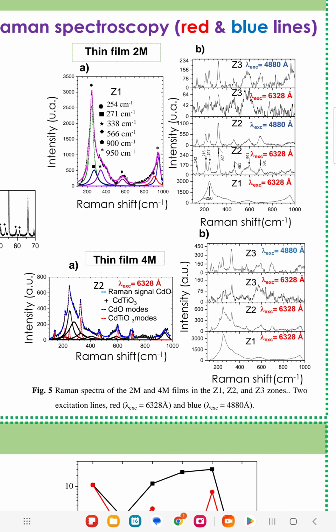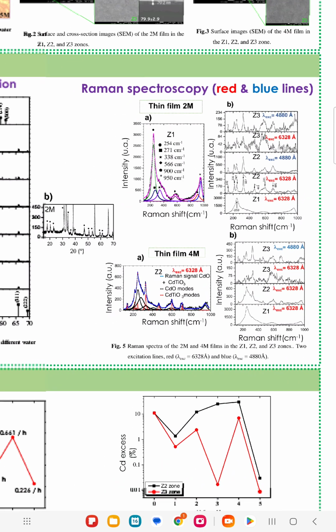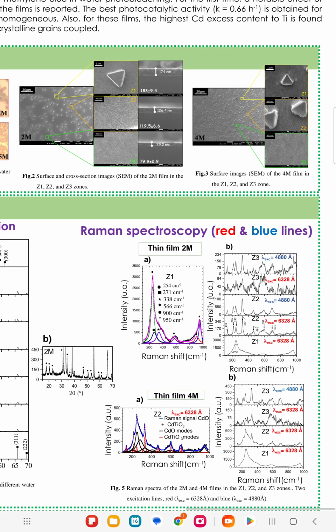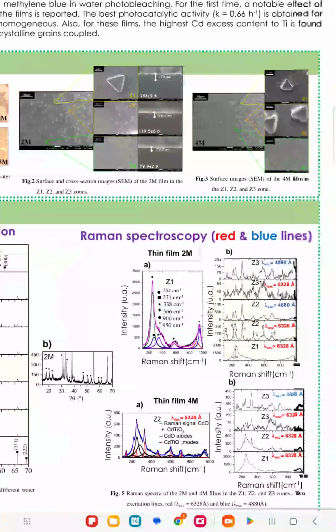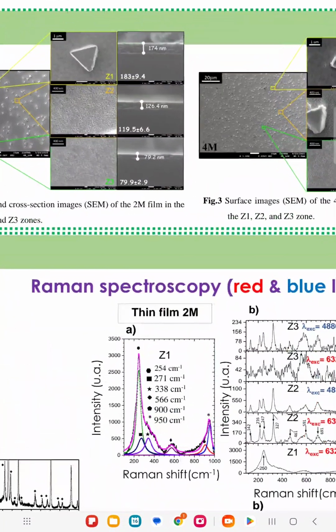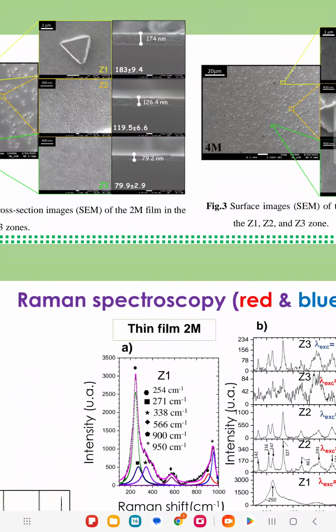The reason we had to use a more energetic line for this Z3 zone is explained by the fact that, as we saw in the morphological properties, this zone has the shorter thickness in comparison with the Z1 and Z2 zones.